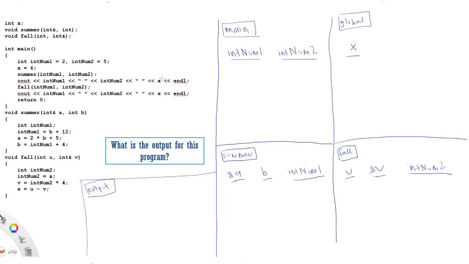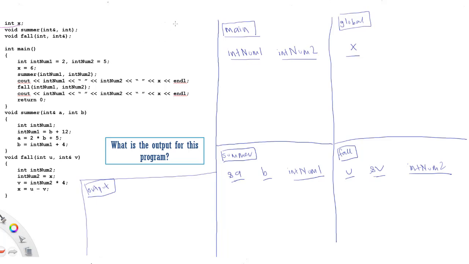We have the main function, we have a function called summer, we have the function called fall, and also if you take a look up top, here we have a global variable called x, because x is declared outside of all functions, meaning that this is a global variable. The rest is declared inside each of their own functions.